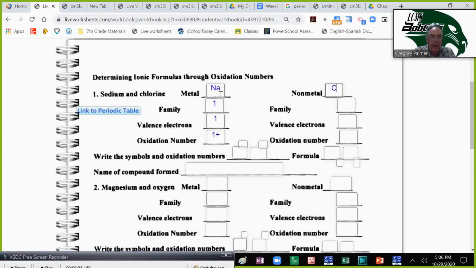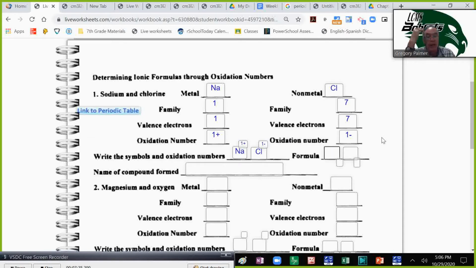Chlorine, we just saw, was in family 7, so it has 7 valence electrons, and its oxidation number is equal to the number of electrons to get to 8. So it needs 1 negative charge to total 8. Already has the 7. So the first step to coming up with the formula is to write the symbol, which is Na, with its oxidation number, which is 1 plus. The other one is Cl, and its oxidation number is 1 negative. So we're just using this information that we have right here.